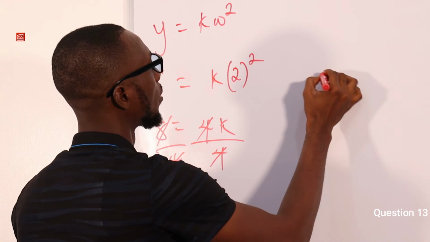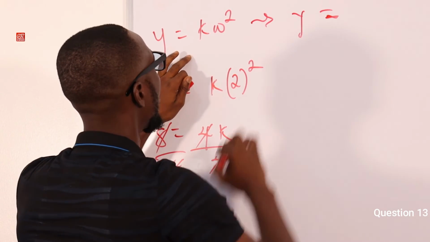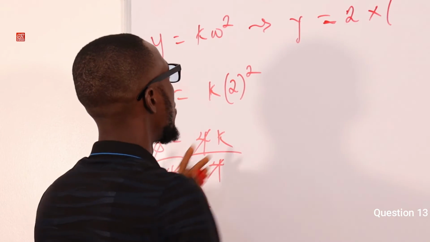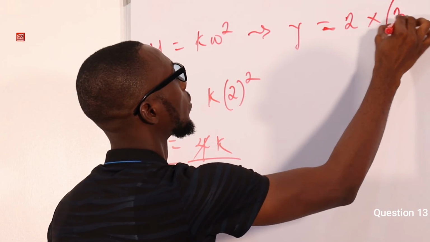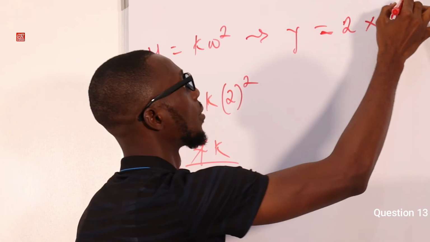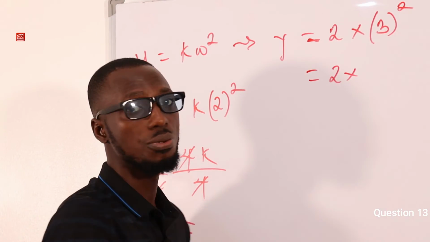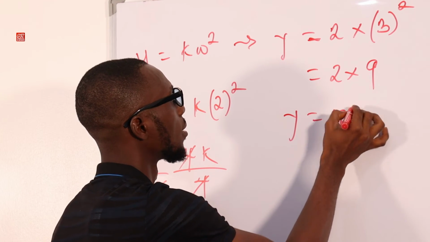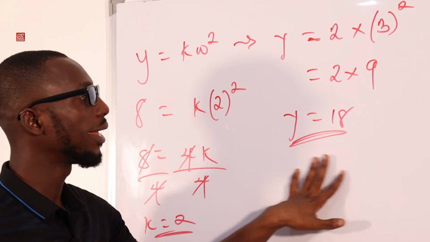Remember this relationship, y equals k, which is 2, times w, which is 3, raised to power 2. That is 2 times 9, which is 18. So when w is 3, y is 18.